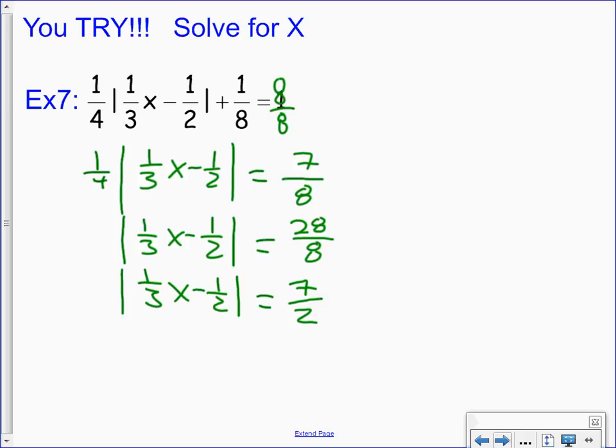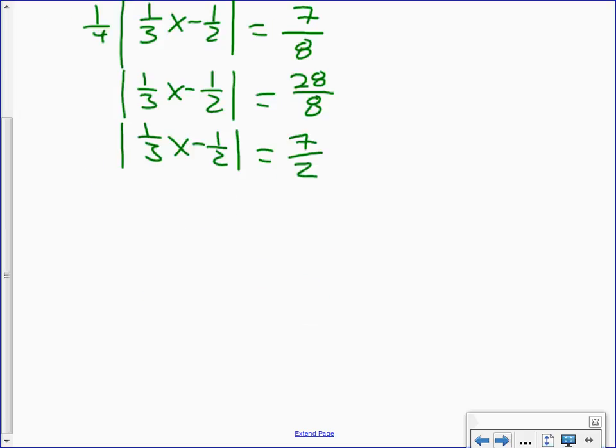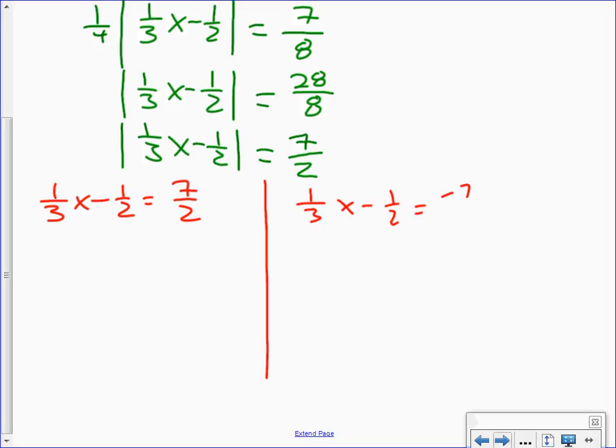Now that the absolute value is isolated, go ahead and set up your two equations. 1/3 x minus 1/2 is equal to 7/2, or negative 7/2. Add 1/2 to the left side.